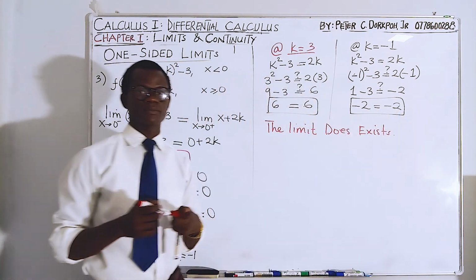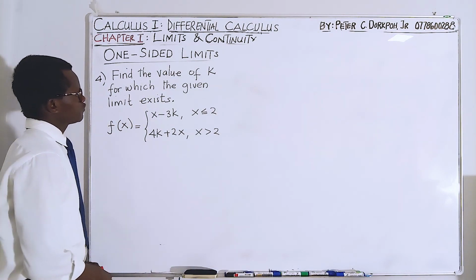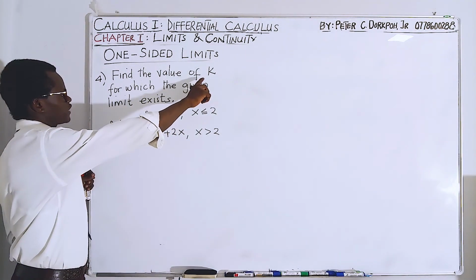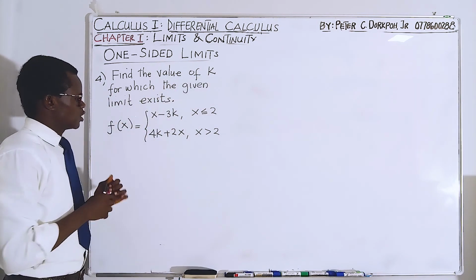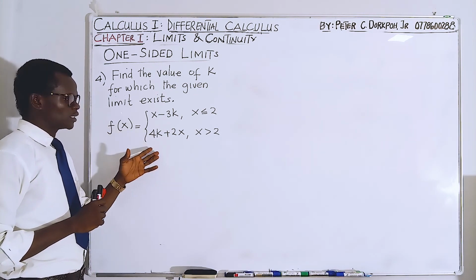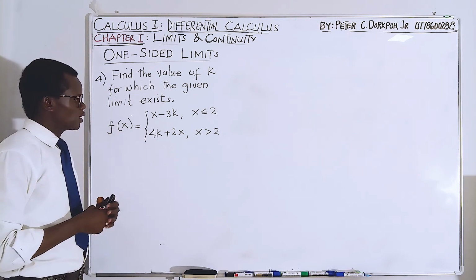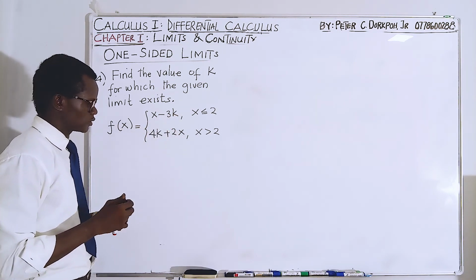Limit does exist. Now let's do question 4. Question 4 says, find the value of k for which the given limit exists. So we know that the limit will exist when we take the limit of the left and the right hand. But we must find that value of k that makes the limit exist.